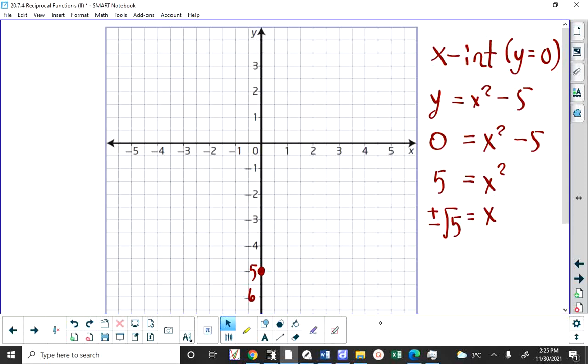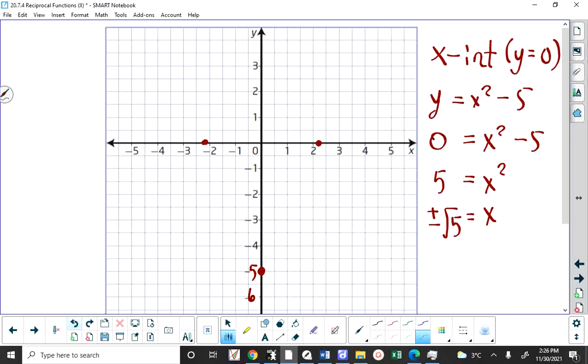So the x-intercepts are positive root 5 and negative root 5, and we said that's about 2.2. So 2.2, 2.5 is here. So 2.2 is 2/5 of the way there. This doesn't have to be perfect. Now you can get more detail.